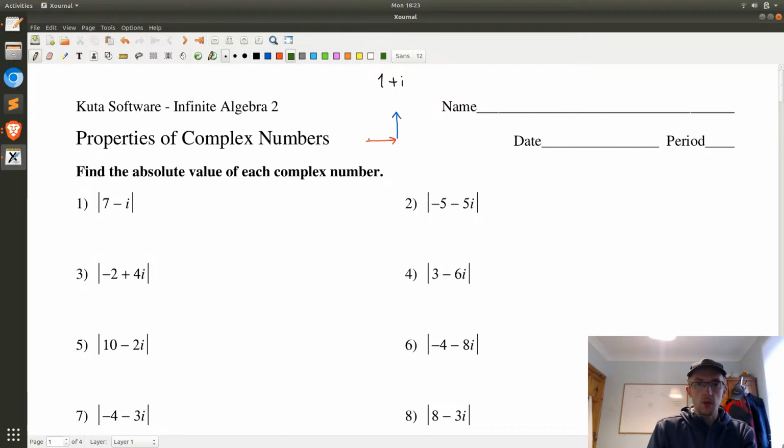And so the overall size of that complex number, like its distance from the origin, which is just good old 0, is the square root of 2. It's kind of trying to capture this idea that 1 add i is the same size as 1 take i.